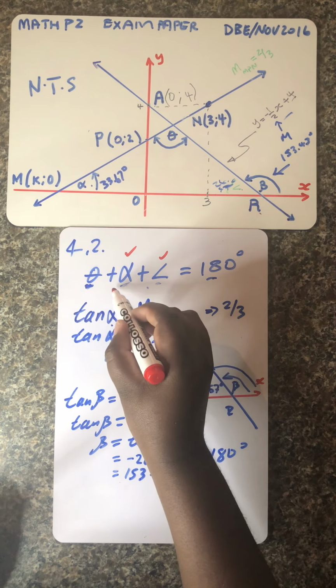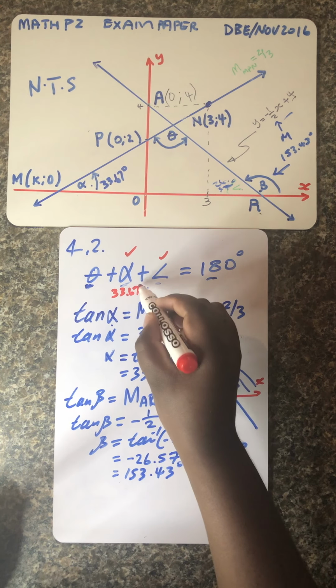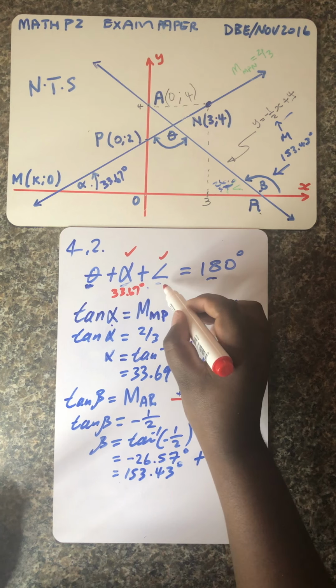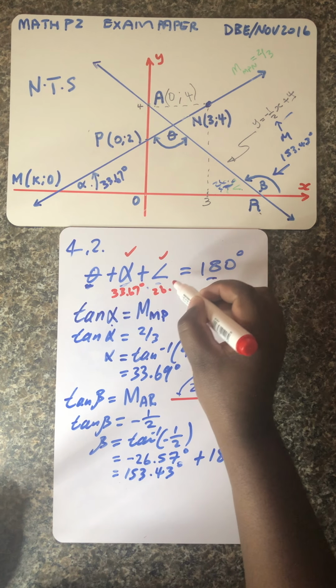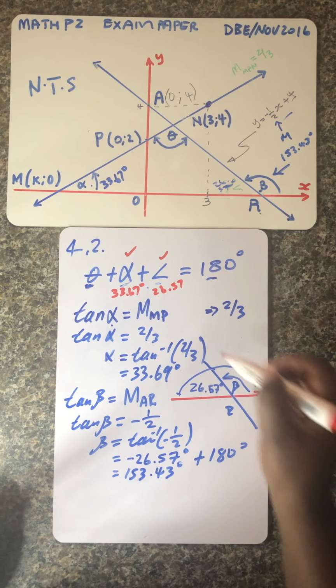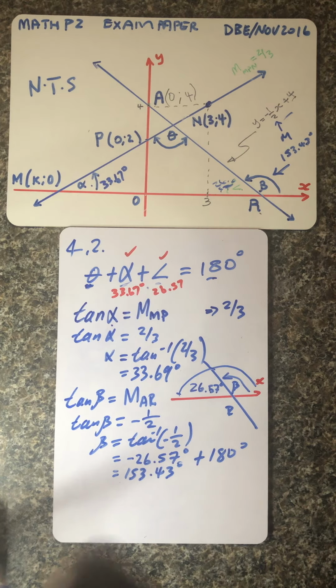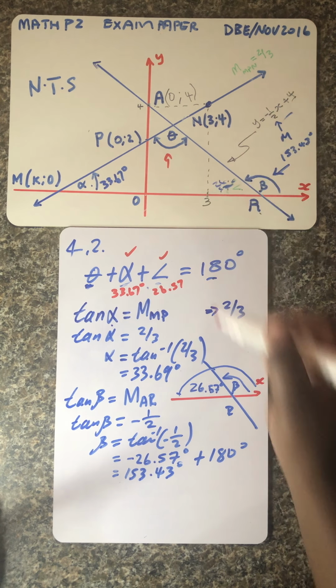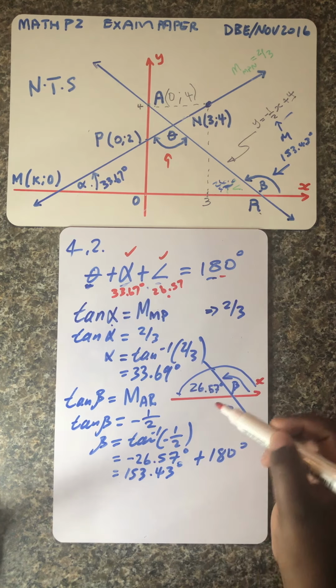So this is obviously 33.67 degrees, and this is 26.57. So for us to get the value of the angle that we're looking for, obviously it's 180 minus 2 of these angles.